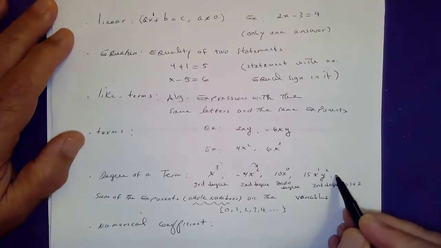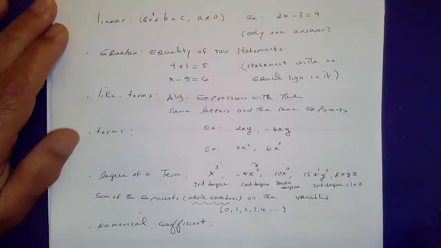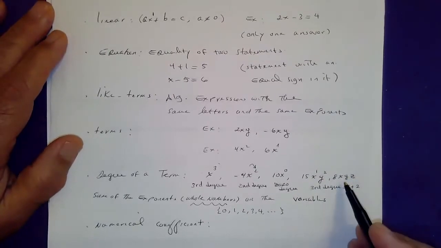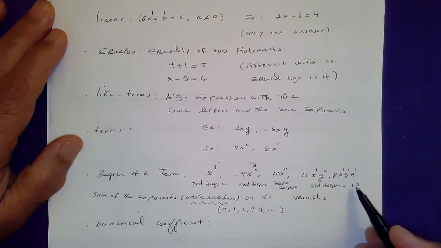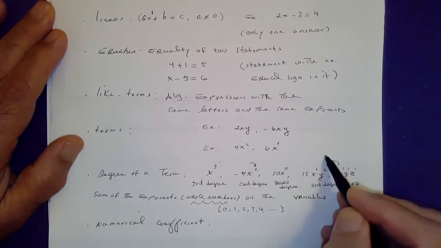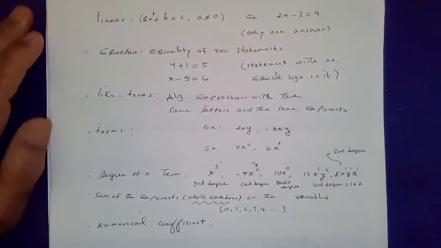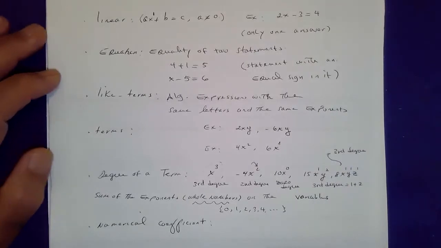And let's make one more example. Let's say you have 8xyz. This is a single term. You have 3 variables, and the powers of the variables happen to be 1, which you don't see. So I would also call this a 3rd degree term, a term whose degree happens to be 3.